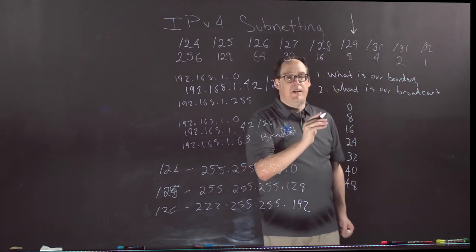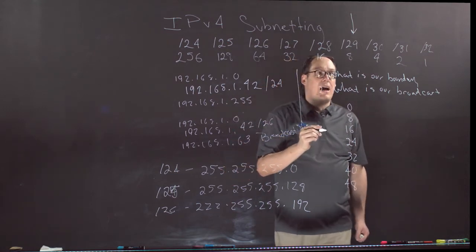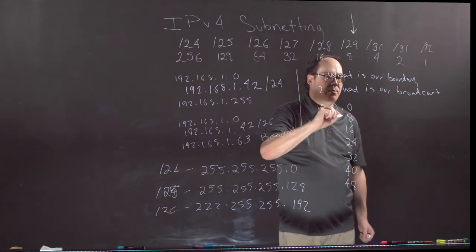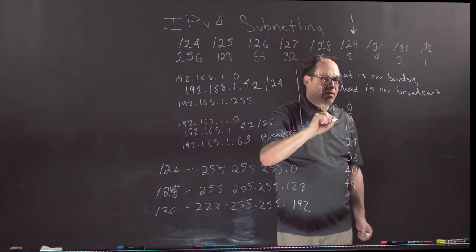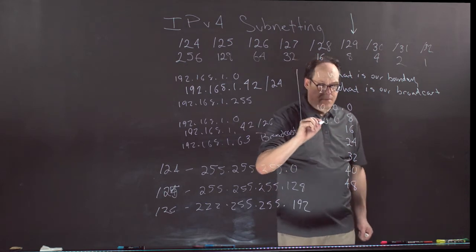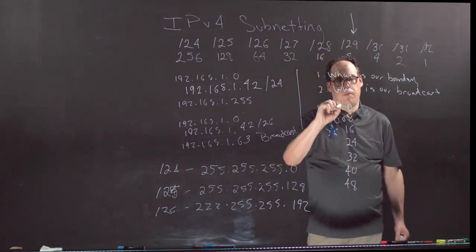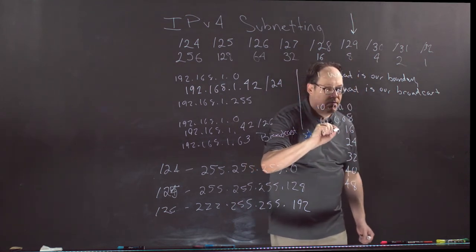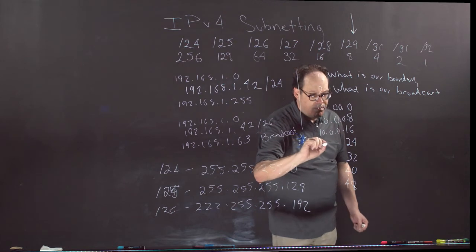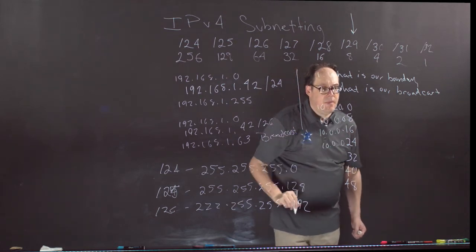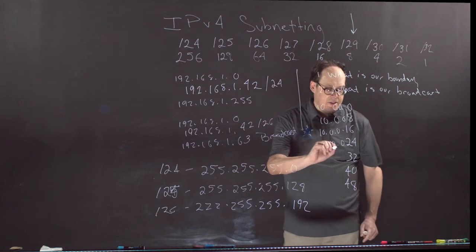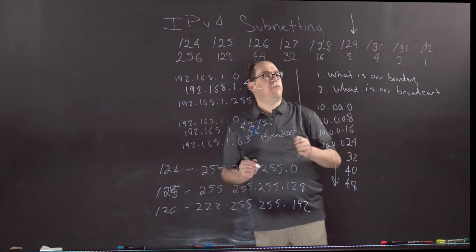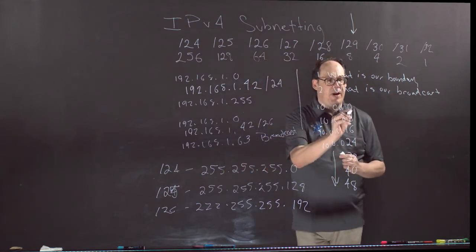It doesn't matter what my network is. If I have a /29, I could start with any set of IP addresses. And these are all of the networks that I can create that are /29s, and these are their boundaries.